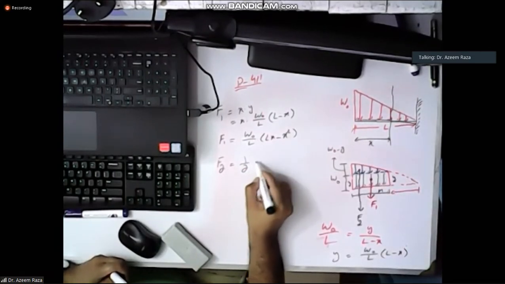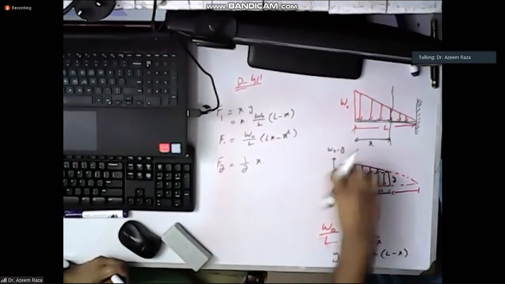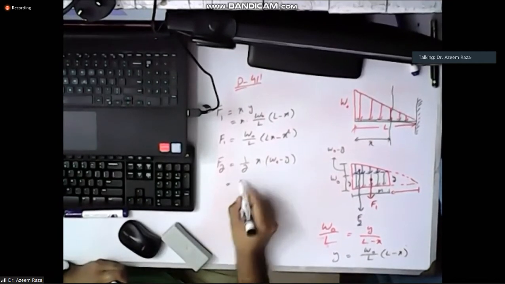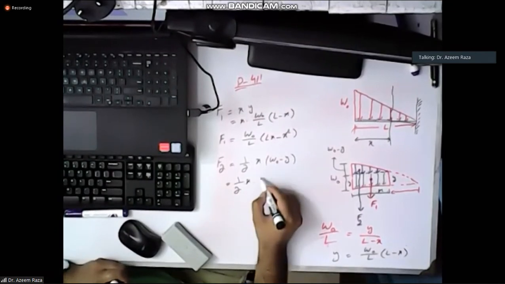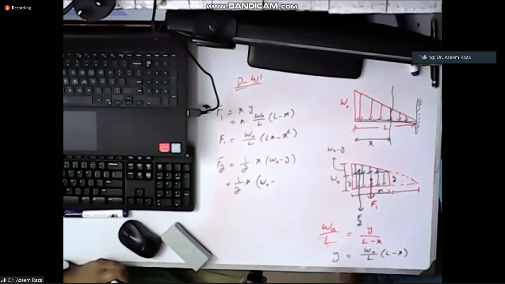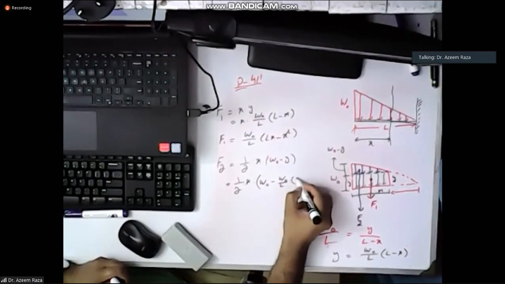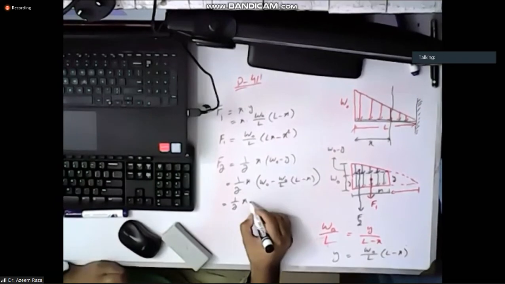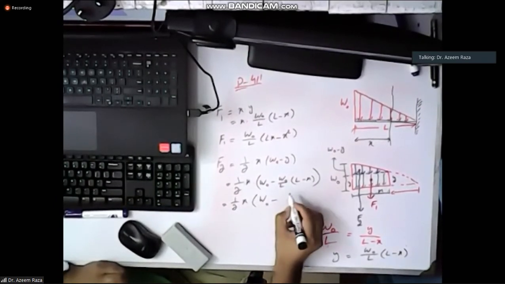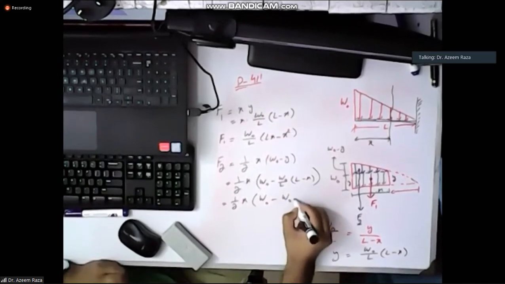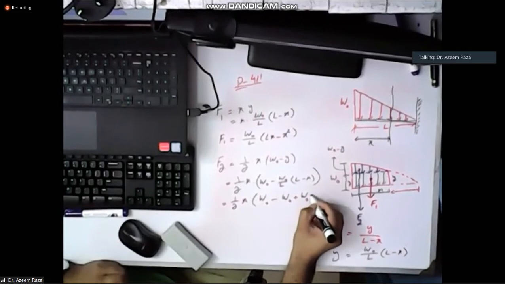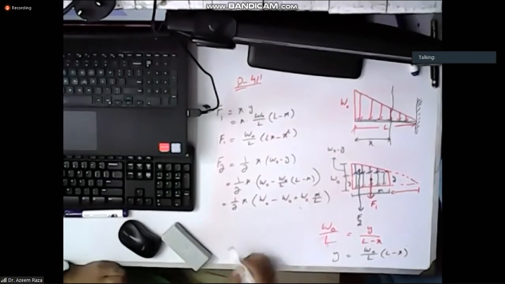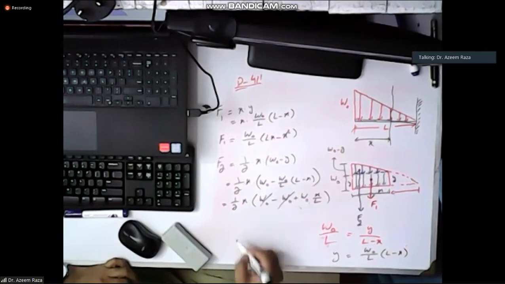Similarly, force F2, that is my triangular force, is always equal to half times base. Base is X and height is W naught minus Y. So let's put in the numbers. 1 over 2 X times W naught minus Y, which is W naught minus W naught over L times L minus X. The W naught L will be cancelled, plus W naught X over L. These will be cancelled.